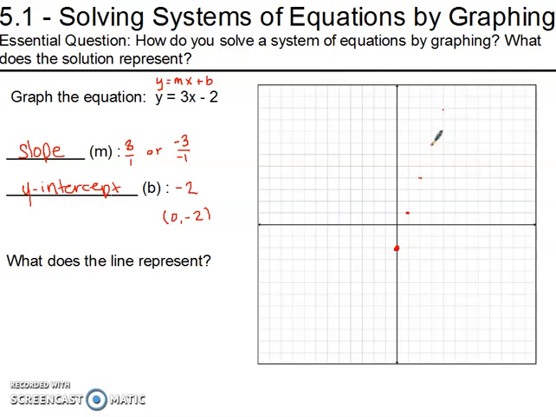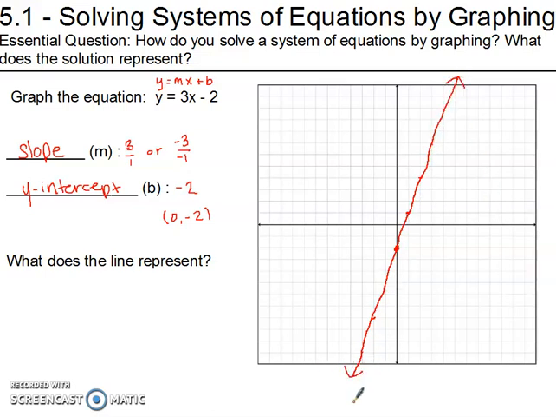So I can find even more points on my graph by going down 3, left 1, down 3, left 1, down 3, left 1. And then I connect these points to the best of my ability to draw my line.